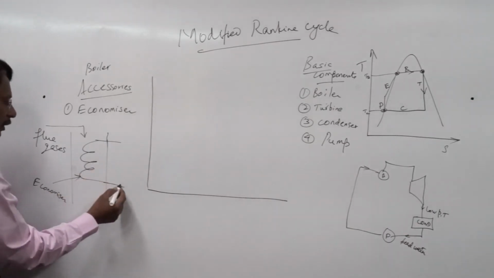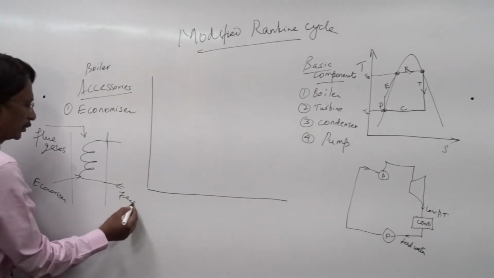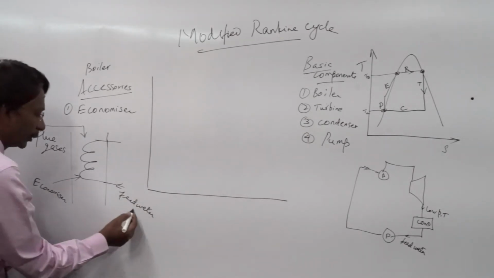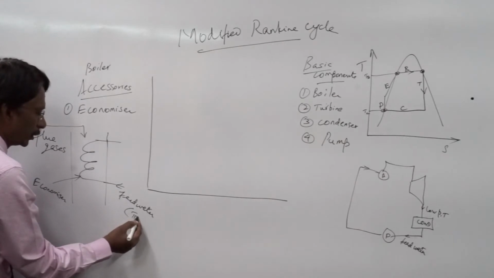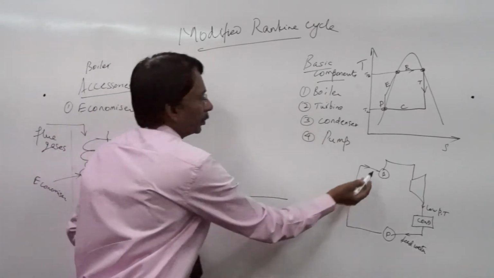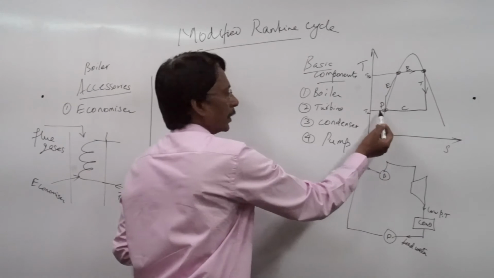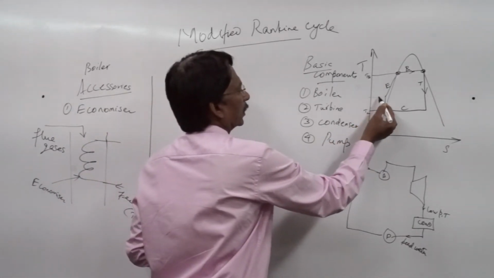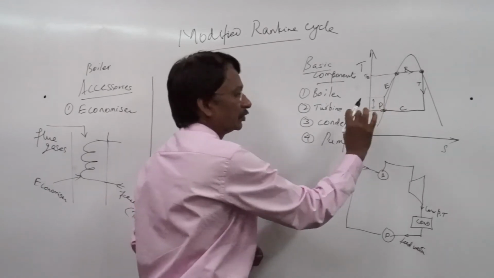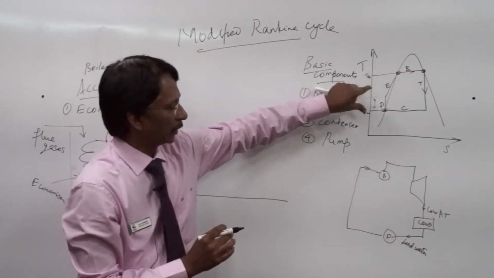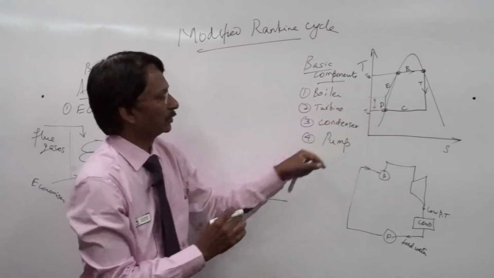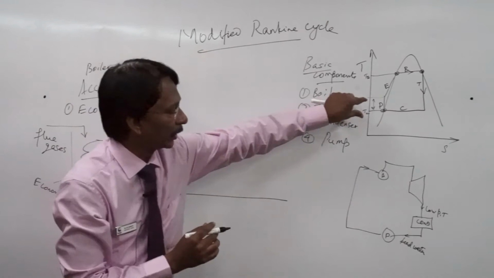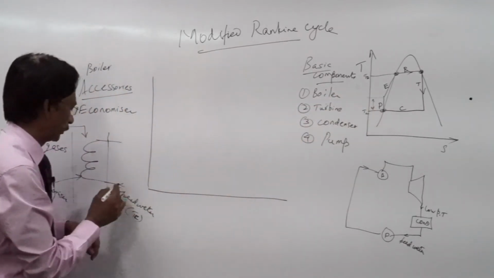Through the economizer, I send the feed water, whose temperature is the temperature at which it gets condensed, or perhaps a slightly increased temperature. This is a very, very negligible increase.